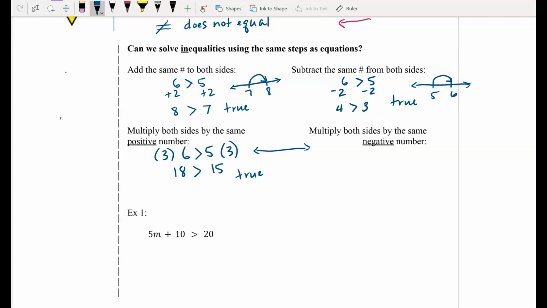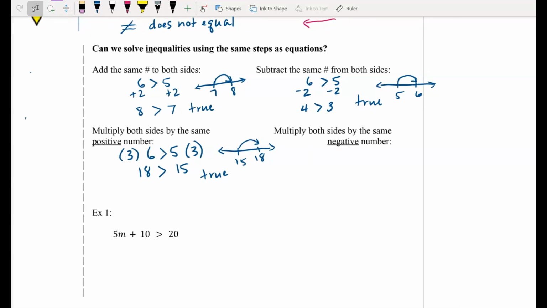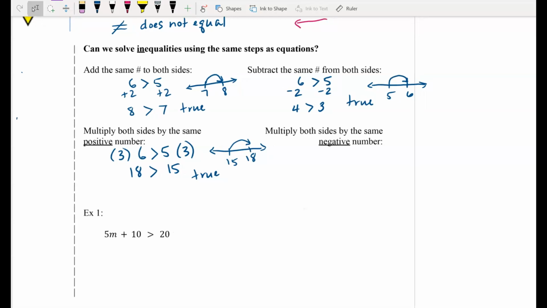On the number line, 18 is to the right of 15, which means that 18 is greater than 15. So far, it looks like the strategies that we use to solve equations are going to work for us on inequalities as well.